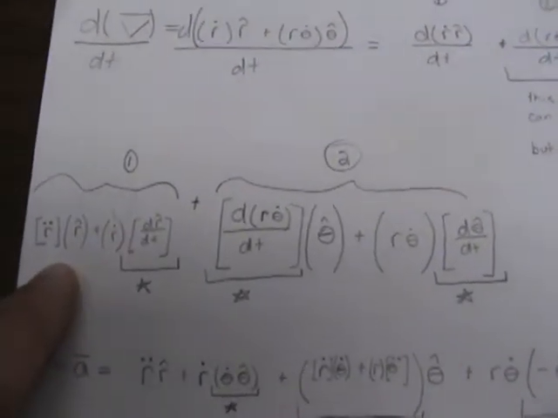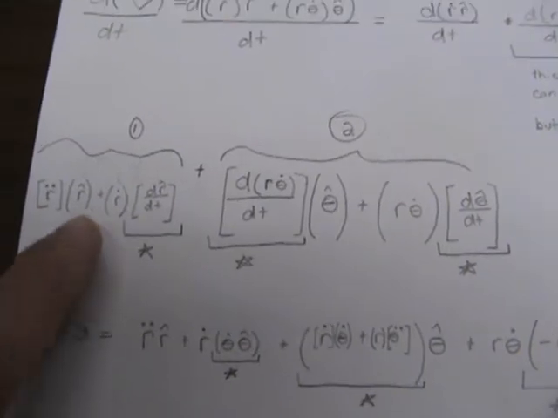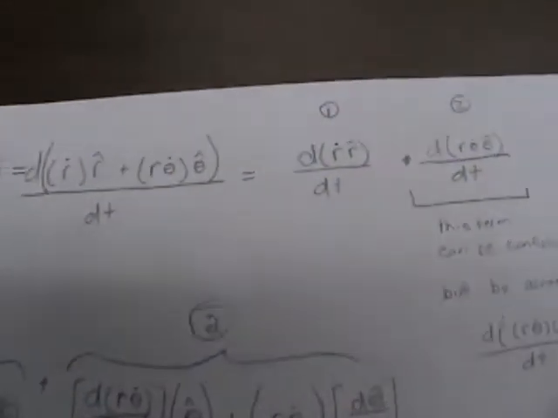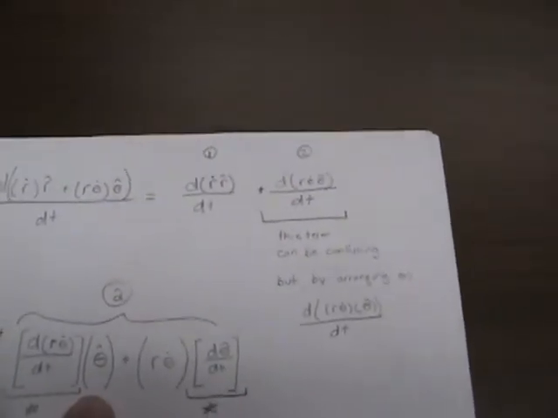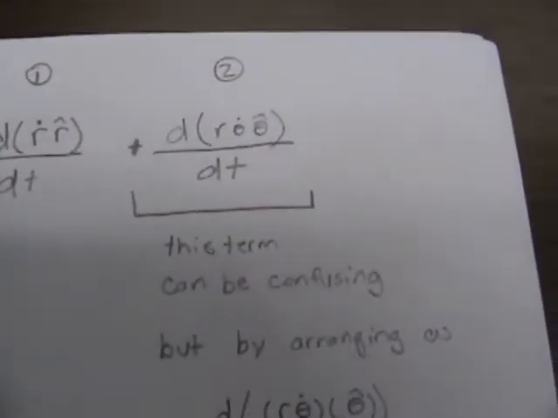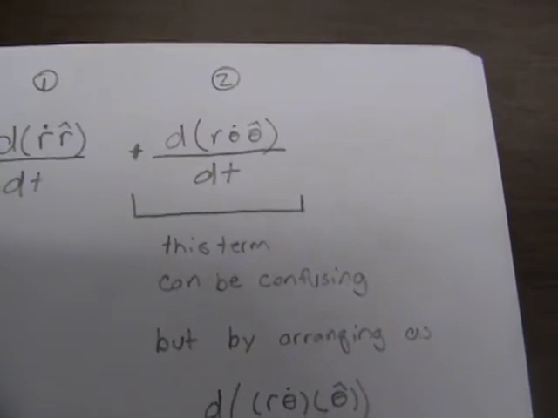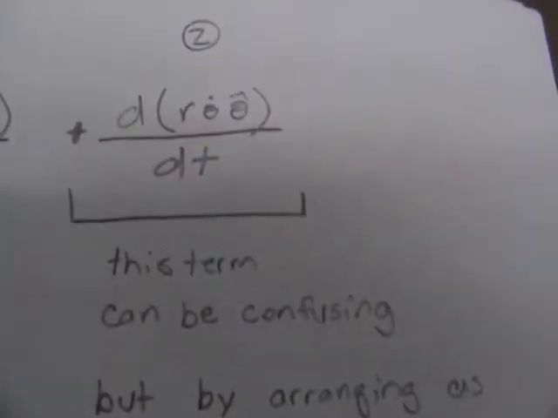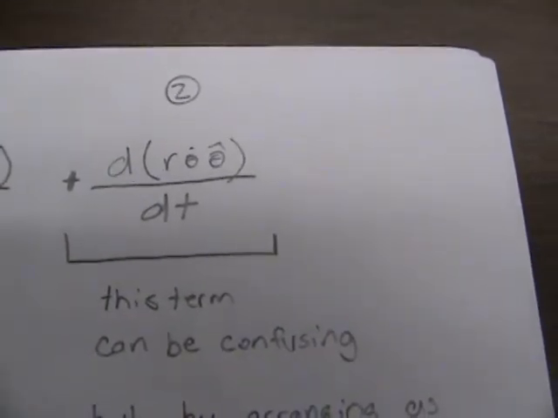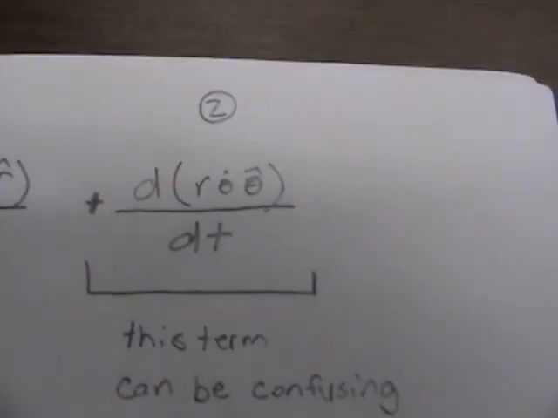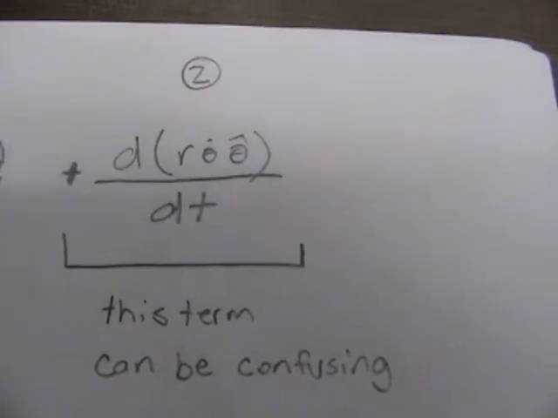Here is the first term. The product rule for this one. Now this one's a little tricky because we're taking the derivative with three terms. But an easy way to go about that is just to take r theta hat.